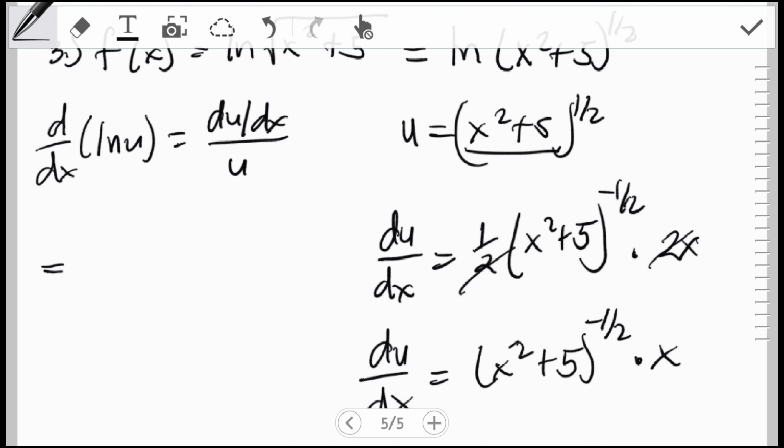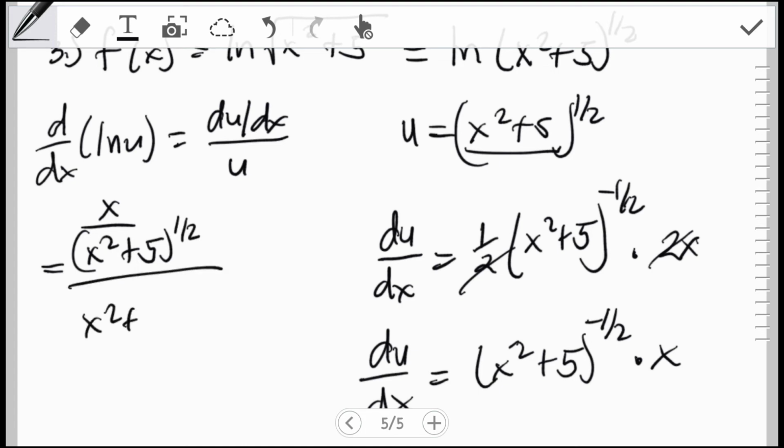Substitute du over dx: x times x squared plus 5 to the power negative 1/2, over x squared plus 5 to the power 1/2 again.